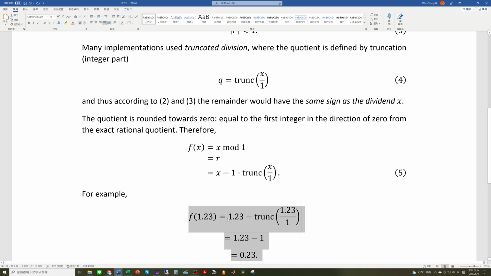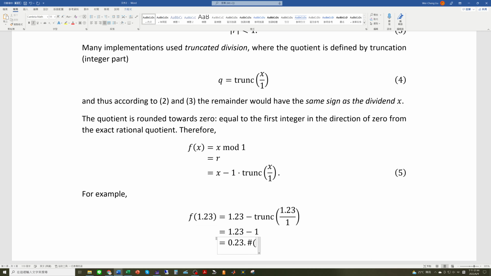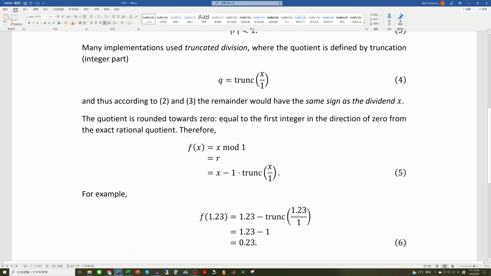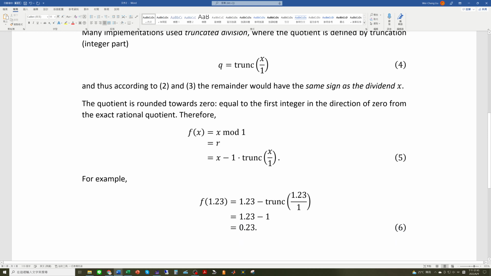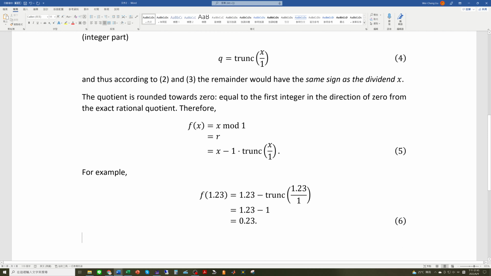So let us align at the equality sign. Another example.